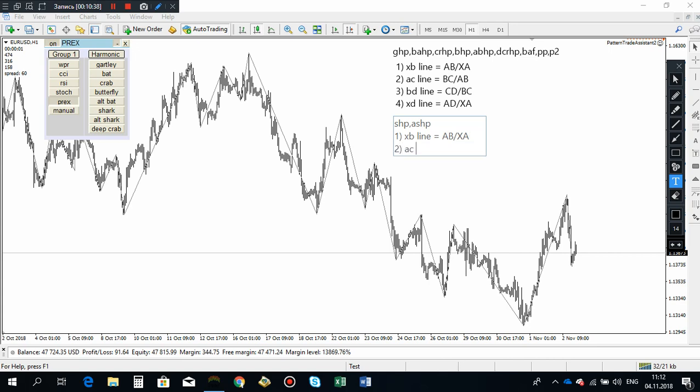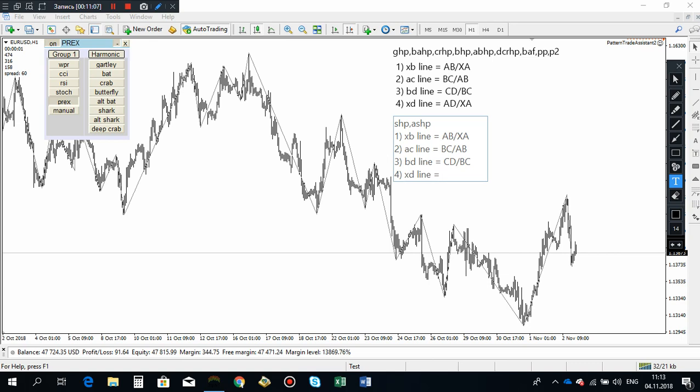Second, the AC line is the BC divided by AB. Note that it is AB retracement or extension. Third, the BD line, B to D line, is the CD divided by B to C. And number 4 is the XD line.